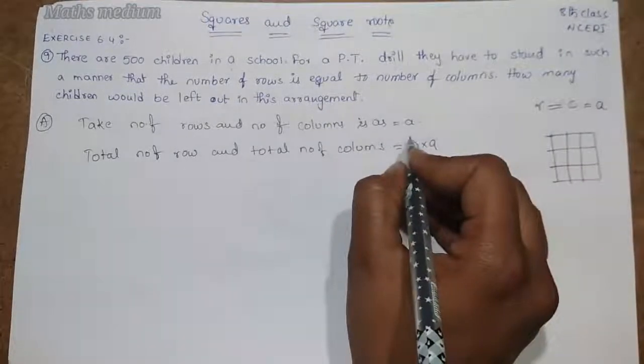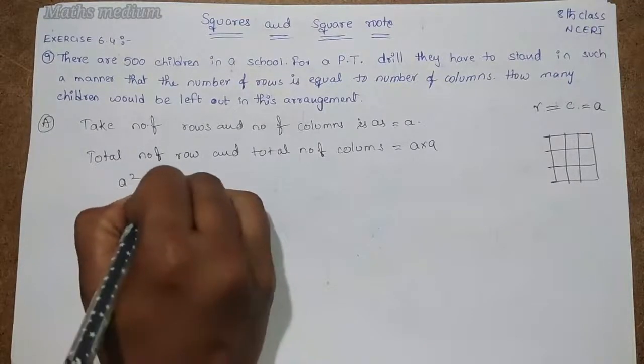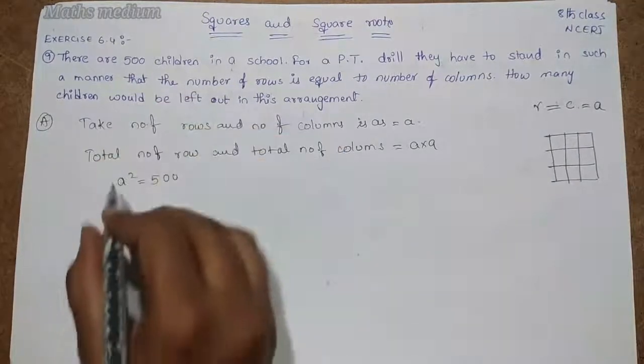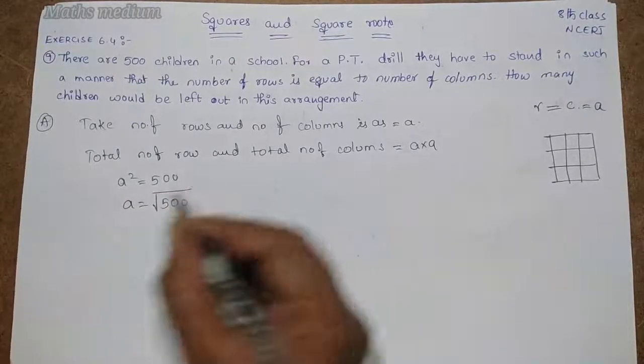Now A square is equal to 500, the given number of children. We have to find A, that is root over 500.